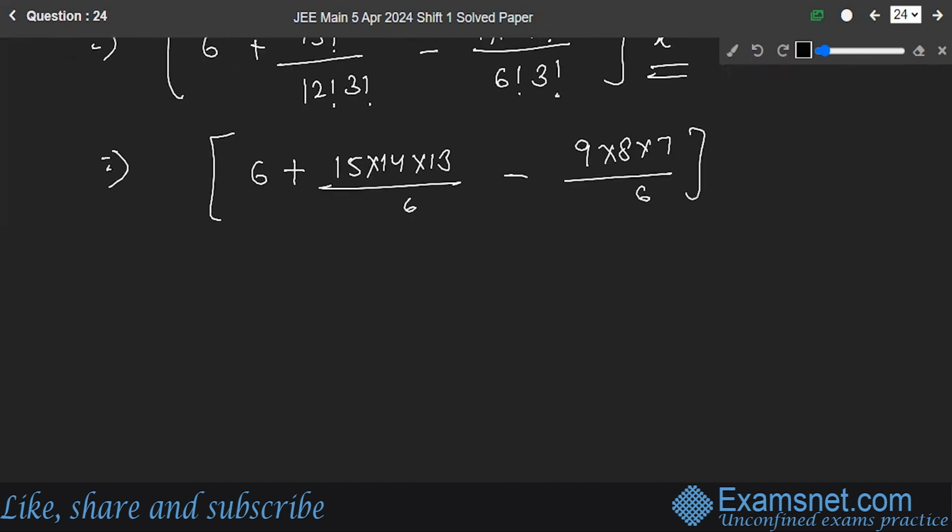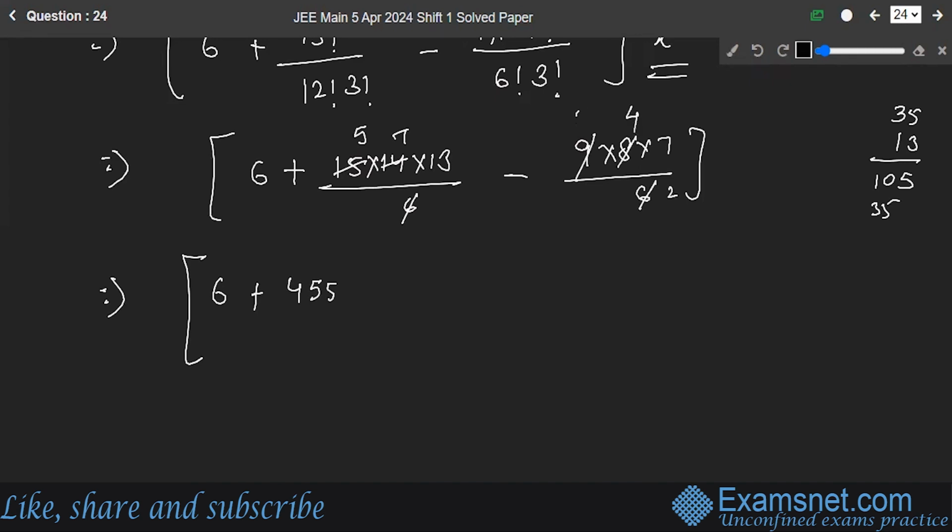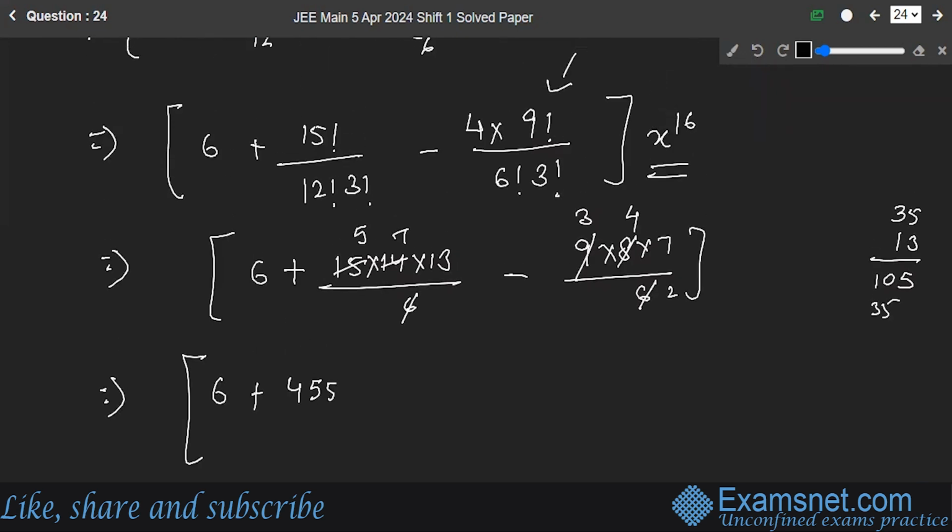This will be 6 plus 455, and the 4 is missing, yes, into 4 also was there.